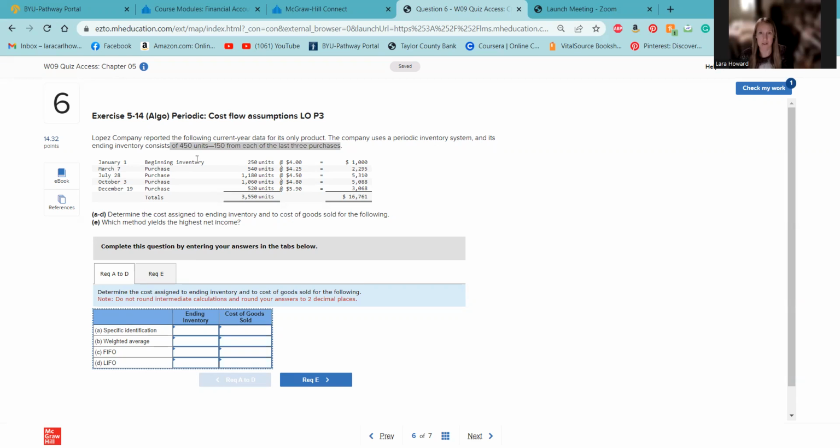So the 450 units from the last 3 purchases, December 19th, October 3rd, and July 28th. You're going to take 150 from each of those.